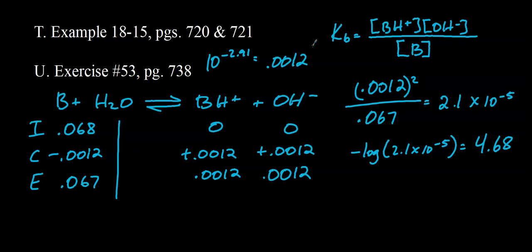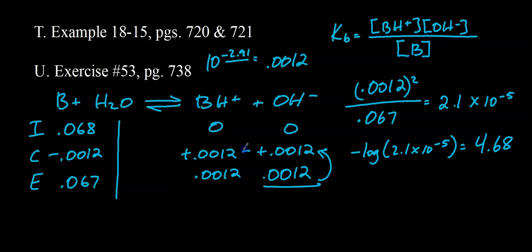So I did an antilog of negative 2.91. That gives me 0.0012, which goes here first. I got my initial concentration from the problem, 0.068, initial 0, and then the equilibrium concentration of hydroxide, 0.0012 molar. From there, I go here. If we started with 0 and we have at equilibrium 0.0012 molar, the concentration must have increased by 0.0012.